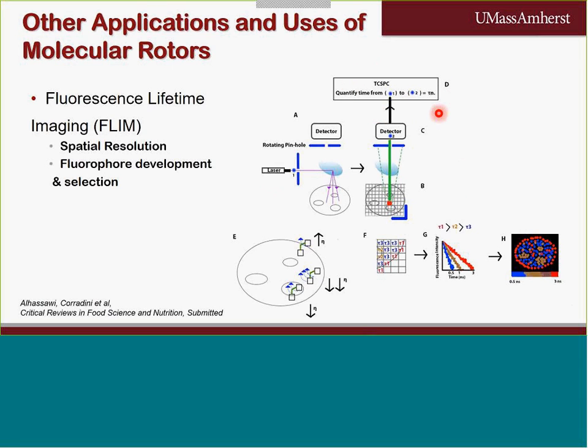We will have a sample that has different domains, for example, a cell or a system such as a multiple emulsion that will have interfaces and liquid continuous phases.